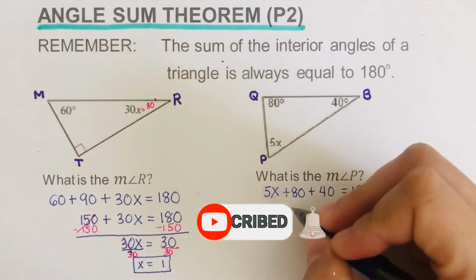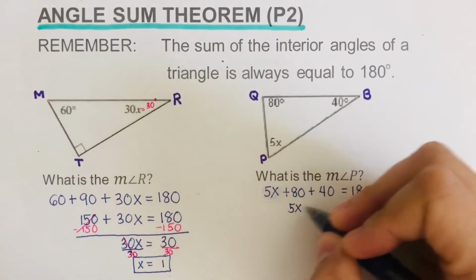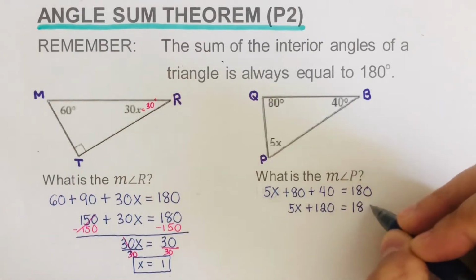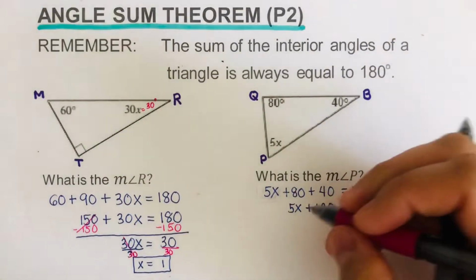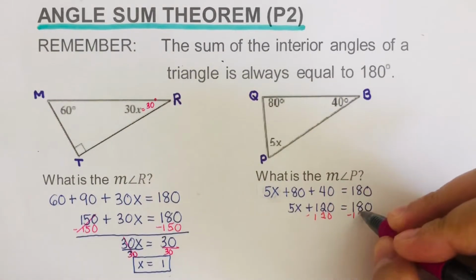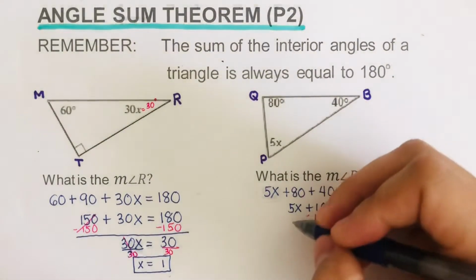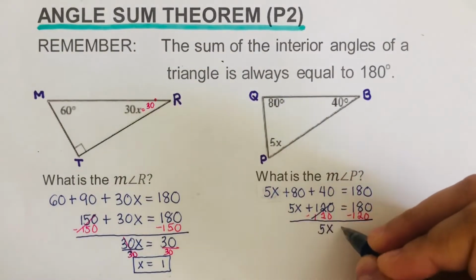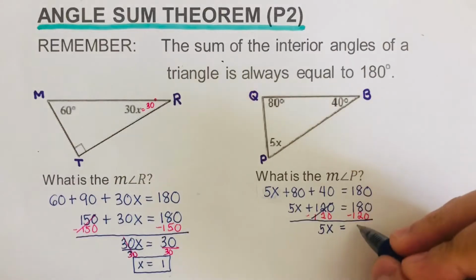So I can say 5x plus 120 equals 180. Then I subtract 120 from both sides. So minus 120, minus 120. And so this would give us 5x is equal to 60.